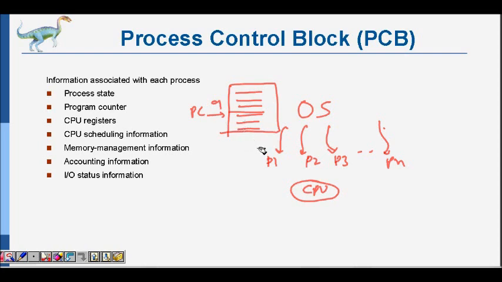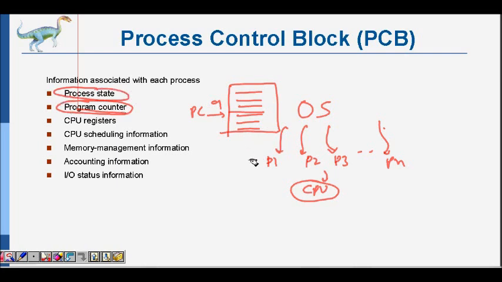It should know which line it is executing now, so that for the next line it will tell the CPU, execute line 10 or something like that. So each process maintains a program counter, which makes it remember how many lines it has executed till now and which next line to execute.